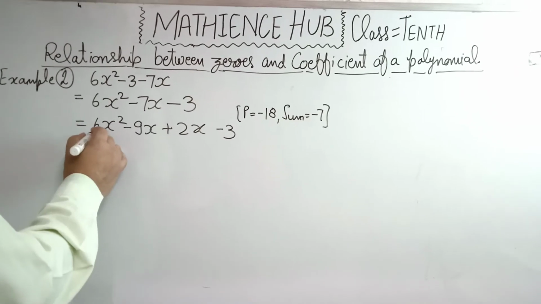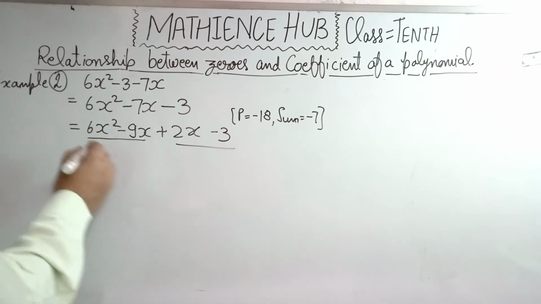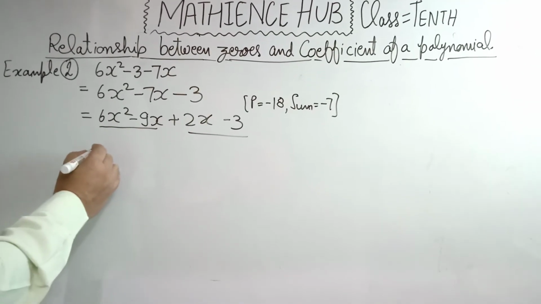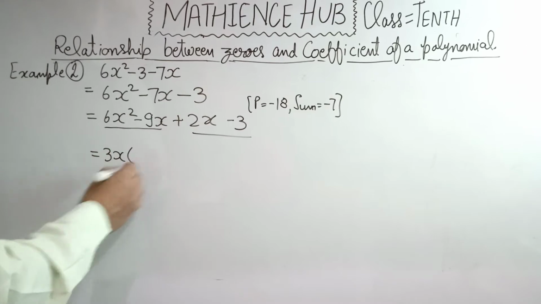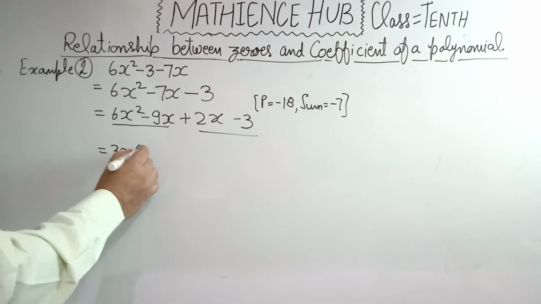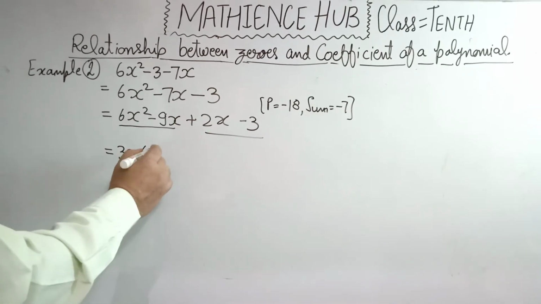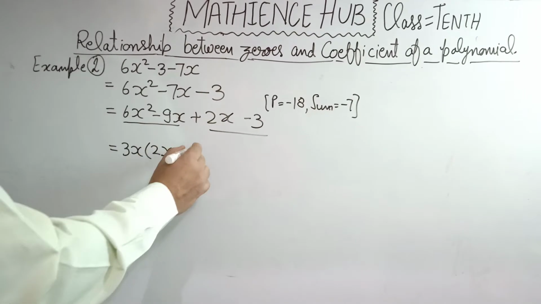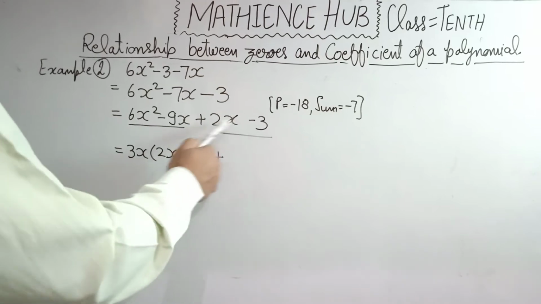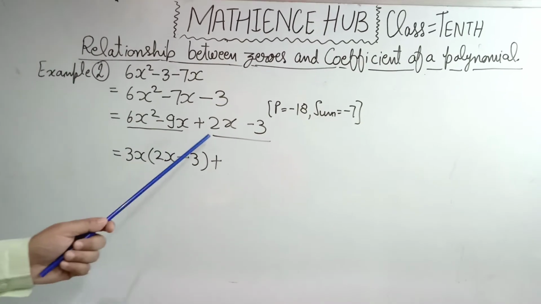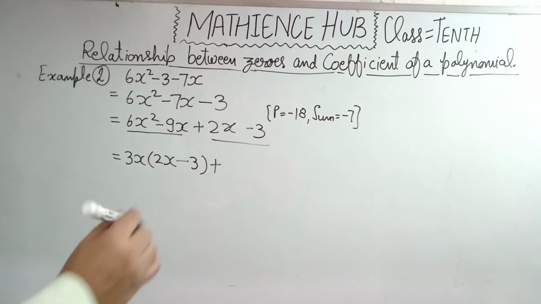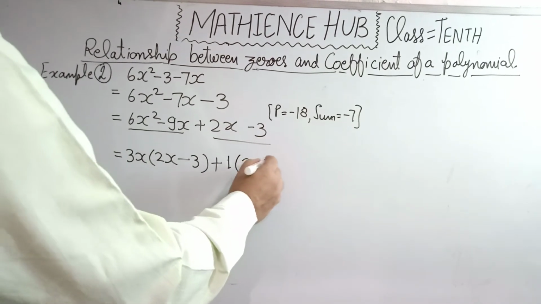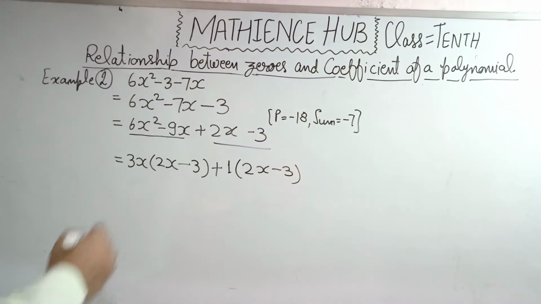Again we make pairs. In the first pair, the common factor is 3x: 3 twos are 6, x square, x, 3 threes are 9. In the second pair, the only common factor is 1, leaving 2x minus 3.